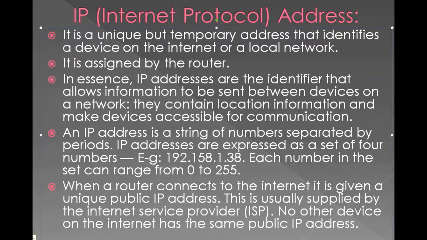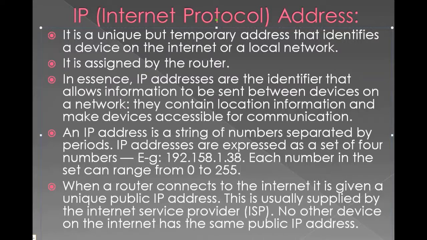When a router connects to the internet, it is given a unique public IP address. This is usually supplied by the Internet Service Provider or the ISP. No other device on the internet has the same public IP address. When your computer or your cell phone tries to connect to a network or basically the internet, it sends along its MAC address and the server of the ISP issues it an IP address.